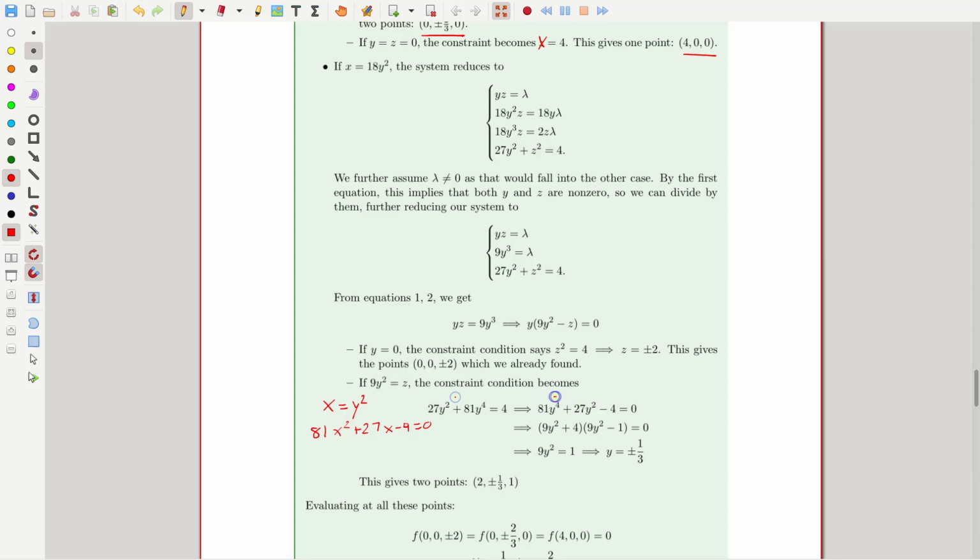With 81, there's only a handful of possibilities, and the first one I tried was the one that worked. I thought, okay, this is probably going to be 9y squared times 9y squared, and then this 4 with a negative is either going to be 4 times 1, possibly with a negative somewhere, or 2 times 2. And then the question is, how do you make 27 happen? Well, 27 happens if you have 36 minus 9.